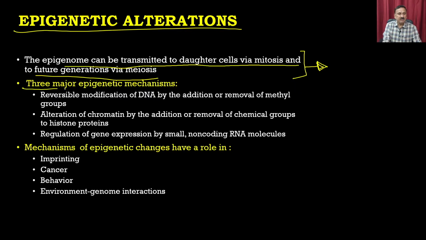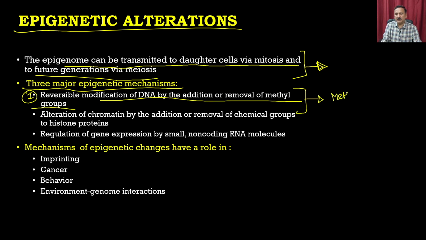So there are three major mechanisms which are responsible for the epigenetic outcomes. First is the reversible modification of DNA by addition or removal of the methyl group. So this means there will be methylation, right? If there is methylation of the DNA at different sites, methylation is going to modulate the gene expression, right?